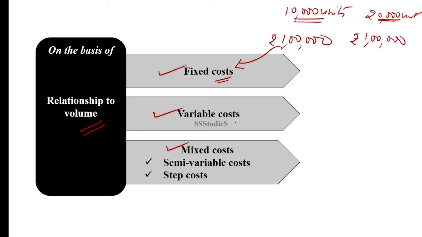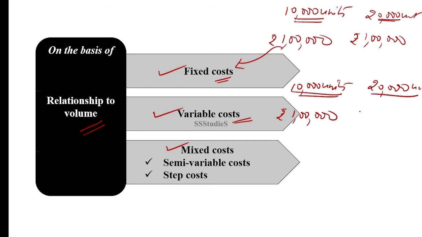On the flip side, variable costs are those costs which tend to change in direct proportion to the volume of output. That means if you're producing 10,000 units and the cost is rupees 1 lakh, and for producing 20,000 units you're spending 2 lakh rupees, the cost is increasing in direct proportion to the increase in volume of output.